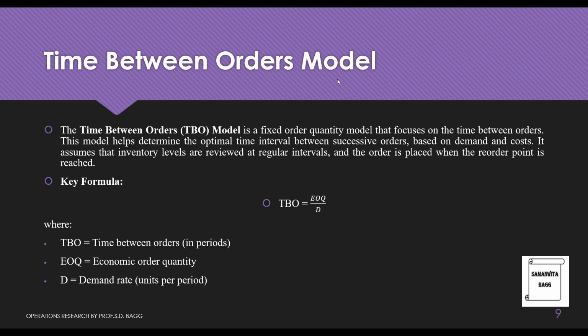Time between orders model. The time between orders TBO model is a fixed order quantity model that focuses on the time between orders. This model helps determine the optimal time interval between successive orders based on demand and cost. So here you are going to determine what will be the optimized time interval between two orders based on the demand and the cost.